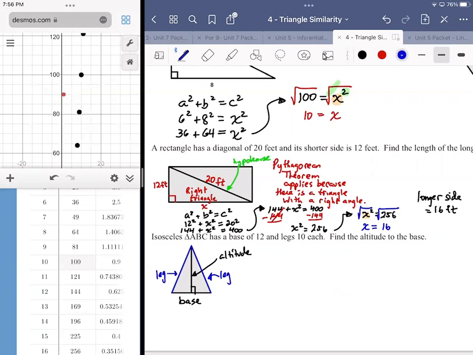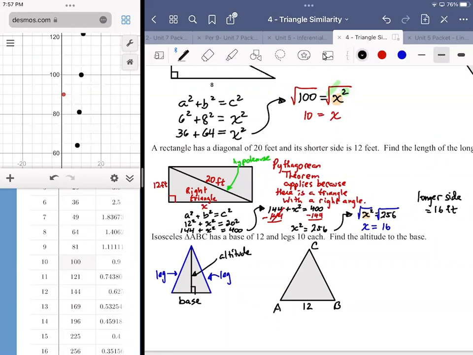Right, so they're giving us some information, but we have to place that information correctly. They said triangle ABC, so draw another isosceles, this time labeled. The base is 12. I'll call it ABC. They said it's triangle ABC, so we can do that.